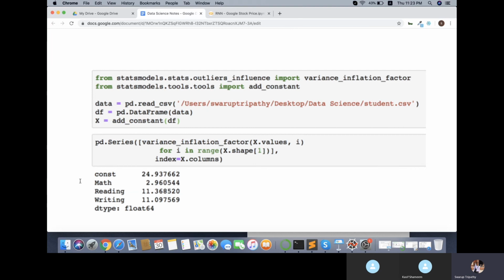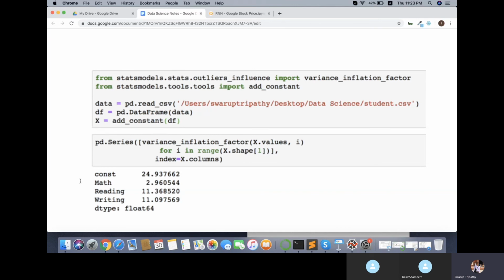Math and read are both independent variables, but their variance inflation factors are very different, like one is 2 and the other is 11. So we will say they are not similar features; they have different types of data within them, so they are different contributors towards our dependent variable.